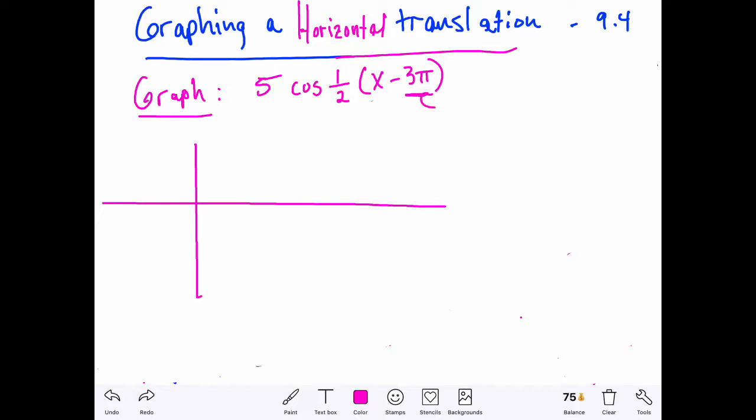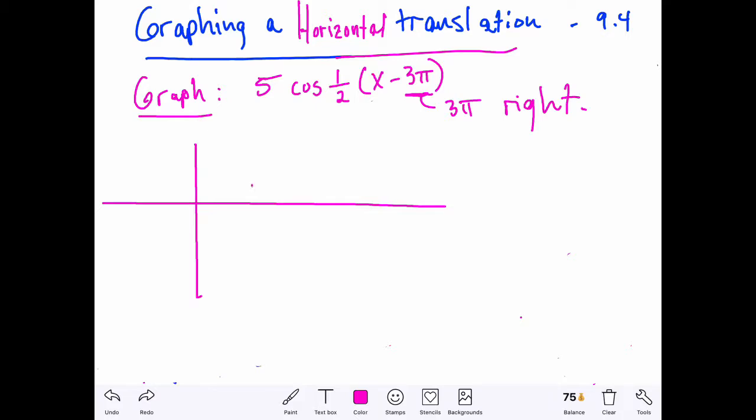Well, that's 3 pi right. Okay, so that 3 pi right is the shift of our cosine graph. It's going to be shifted 3 pi right. Okay, so I want to account for this first.